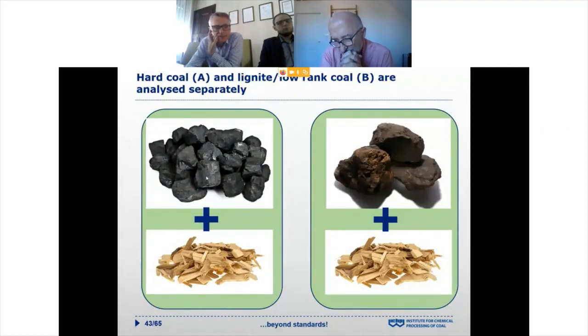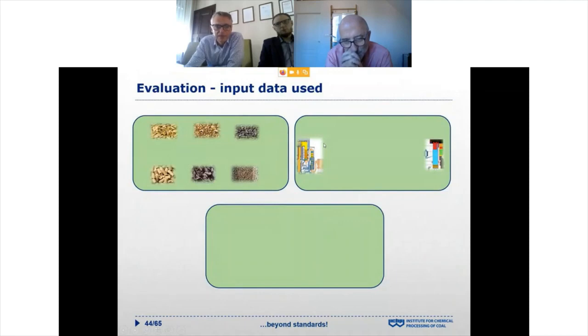As a base, the coal plants can use hard coal, or steam coal as this term is sometimes used, and they can also be fired with lignite. So we expect that maybe there will be some differences in these two scenarios, and we call them scenario A for hard coal and scenario B for lignite.